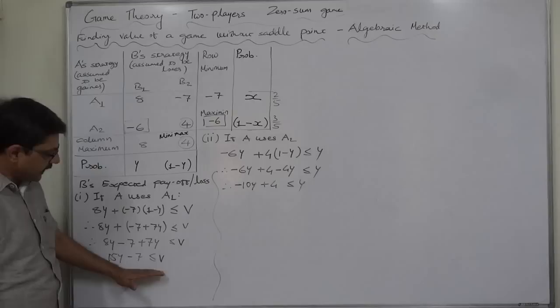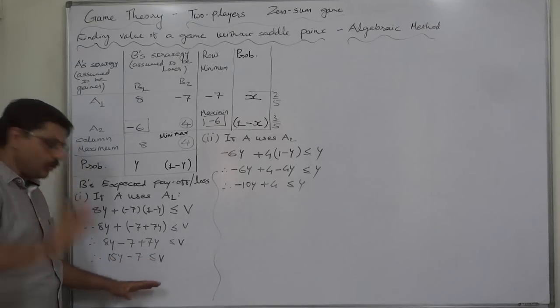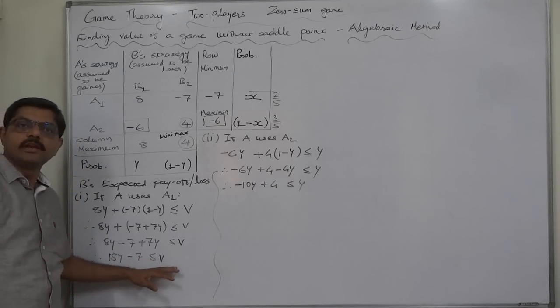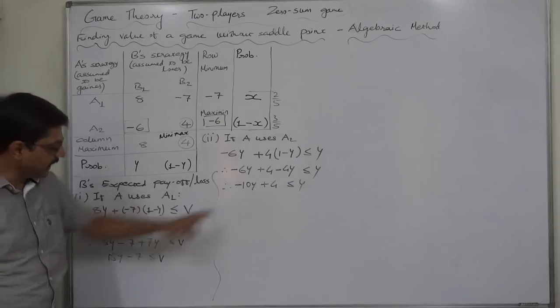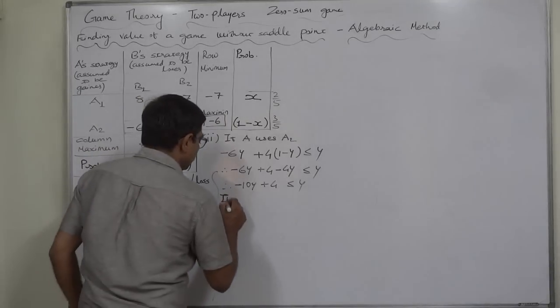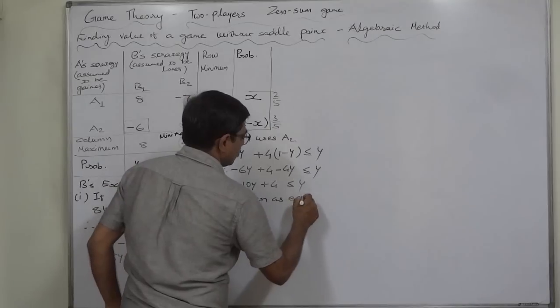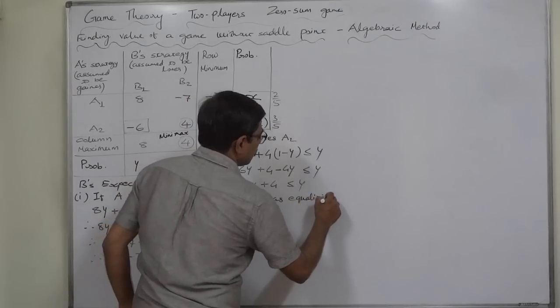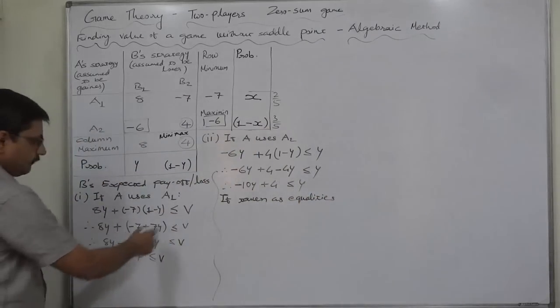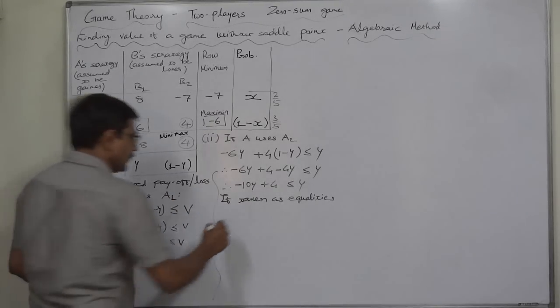Now if we believe that the expected payoff or loss of B is exactly equal to the value of game, then these two can be treated as equalities. And the value of both the equations is the same, so we can compare them.